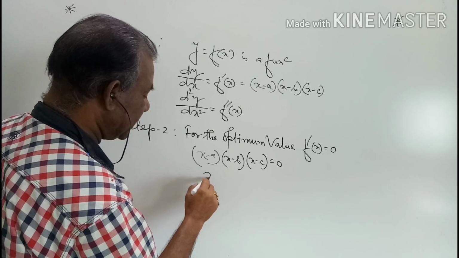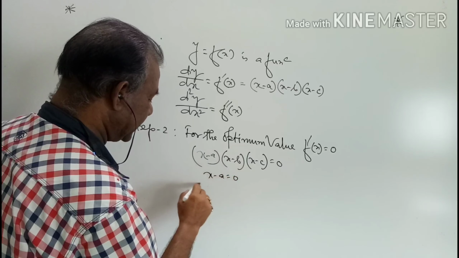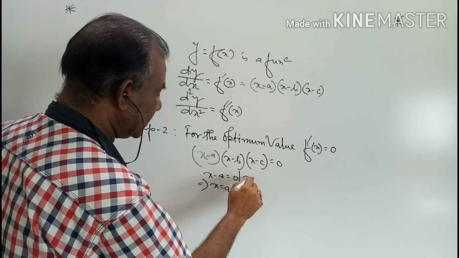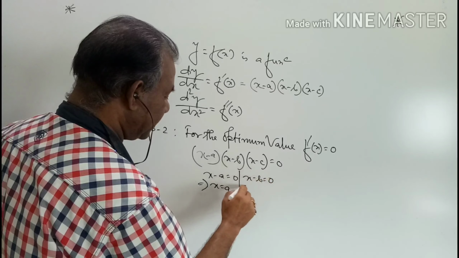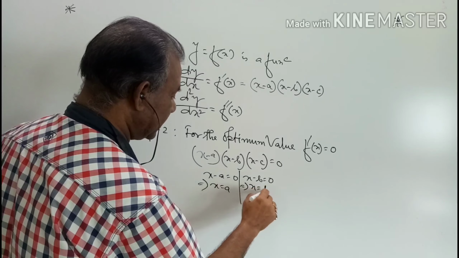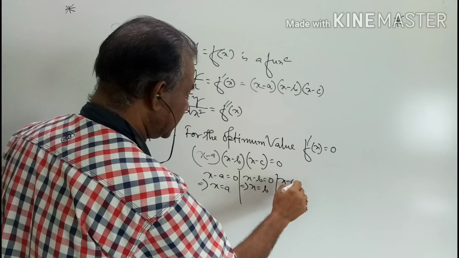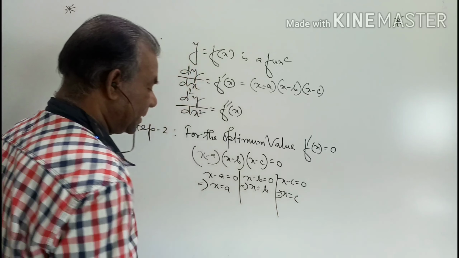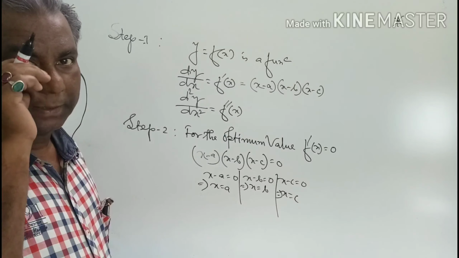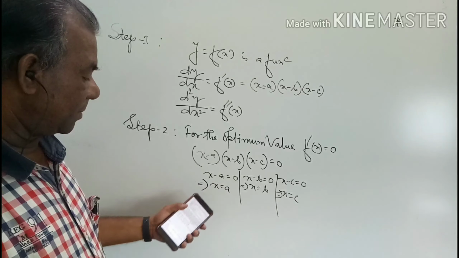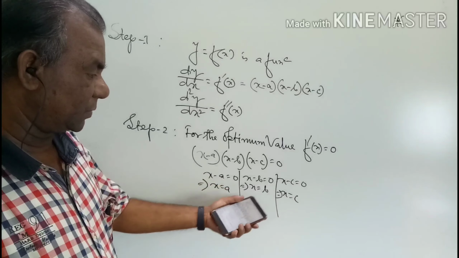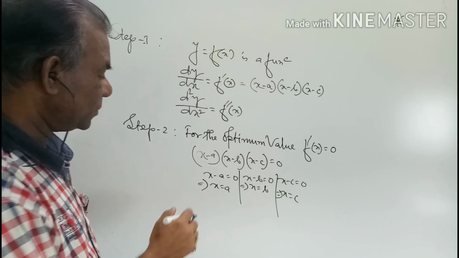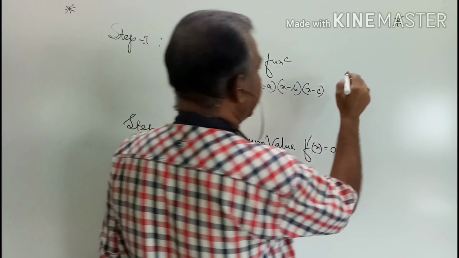So x minus a equal to 0 implies x equal to a, x minus b equal to 0 implies x equal to b, and x minus c equal to 0 implies x equal to c. Now how many values of x? 1, 2, 3. What are they? a, b, c.